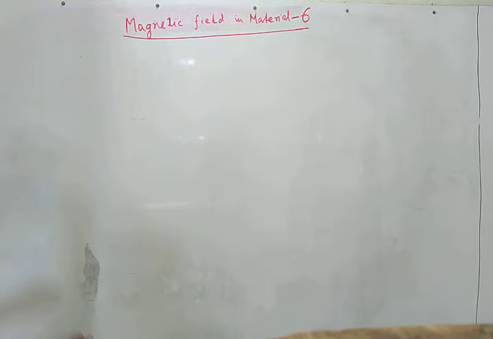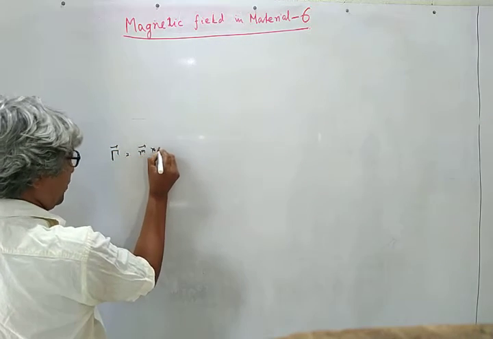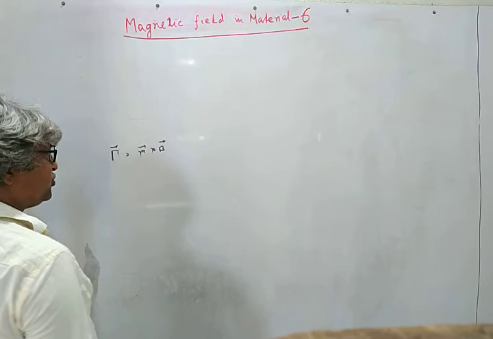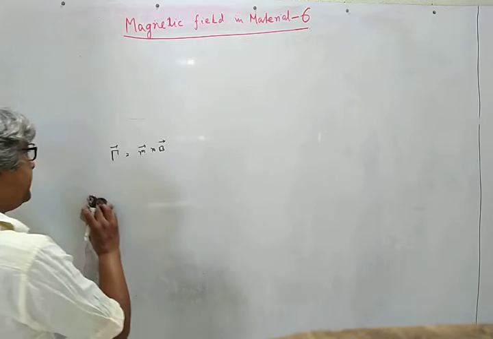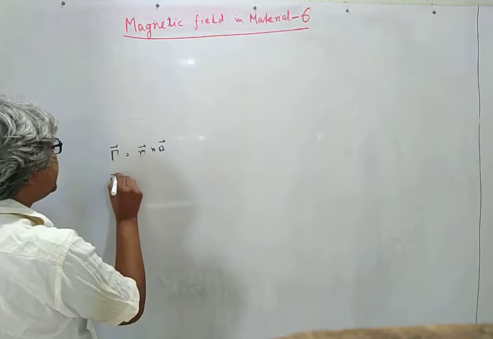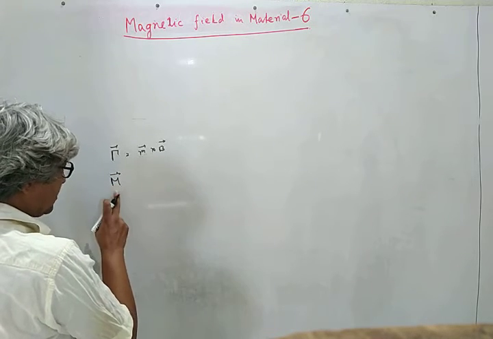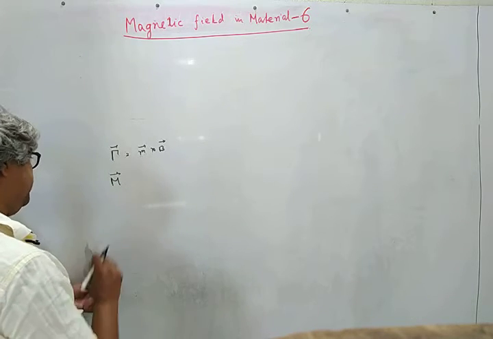When these dipoles are placed in a magnetic field, the torque acting on a dipole is M cross B, which tries to align the dipole in the direction of the magnetic field. So some alignment of the dipoles takes place in the direction of the applied field, and we have an induced magnetization, and M is the measure of induced magnetization. It is defined as induced dipole moment per unit volume.